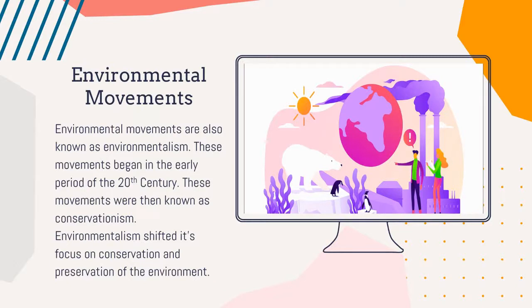Earlier, environment movements were known as environmentalism. In the first decades of the 20th century, environmentalism was also known as conservationism. It focused on spreading ecological awareness among the people in order to protect and conserve nature.